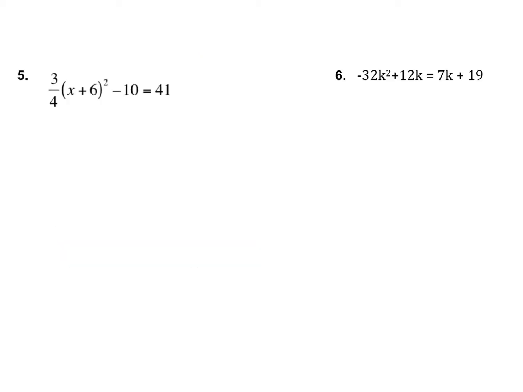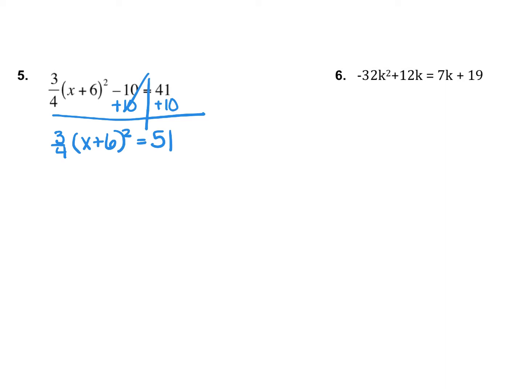All right, so for our next one, we have 3/4 times x plus 6 squared minus 10 is equal to 41. So we need to rearrange things here first. I'm going to add my 10, and we'll get 3/4 times x plus 6 squared is equal to 51.